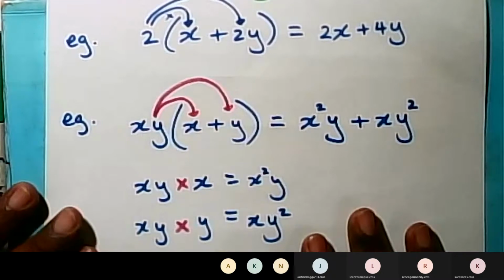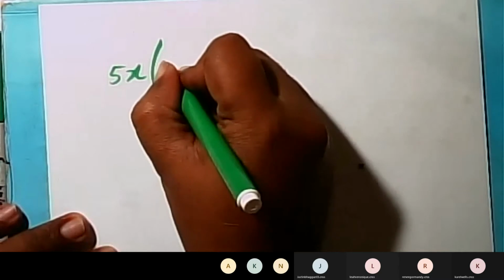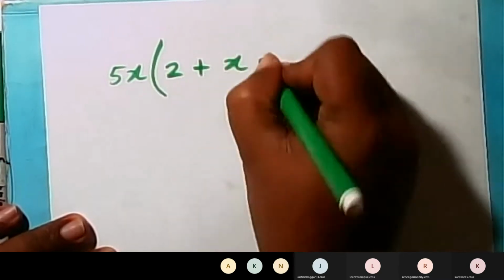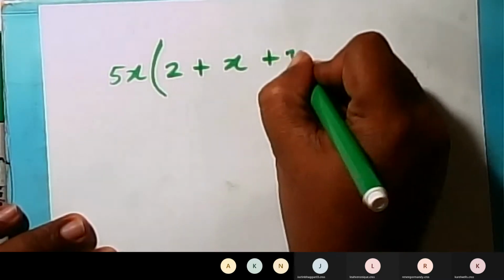I could give you an example of that. Let's look at something like 5x outside the brackets multiplied to 2 plus x plus 3y.